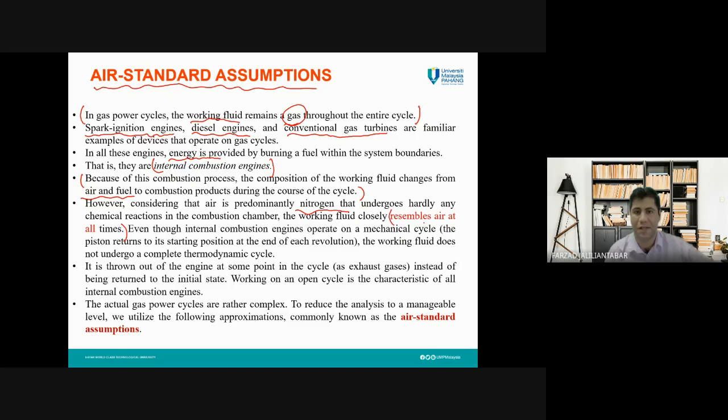Why it is important we will see later, because when we are going to calculate, for example, the change in the energy, the change in the enthalpy during the cycle, from thermodynamics we need to know the energy, we need to know the enthalpy, and so on.